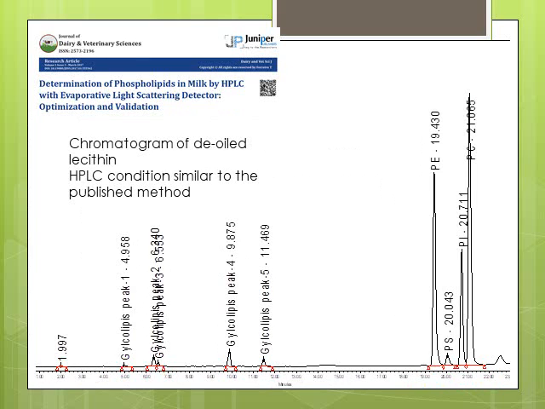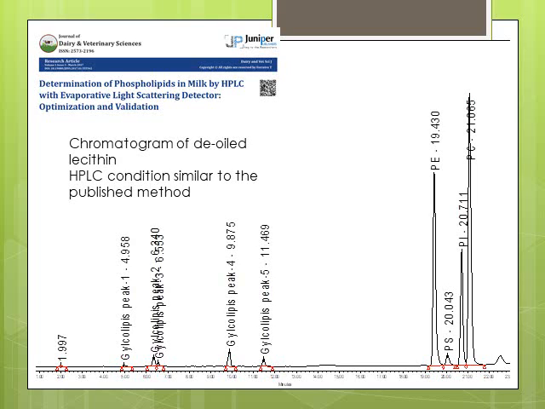The next chromatography is the chromatogram of deoiled lecithin. In this case, we see that the triglyceride peak is absent, and the amount of the phospholipids is significantly higher than any other components.